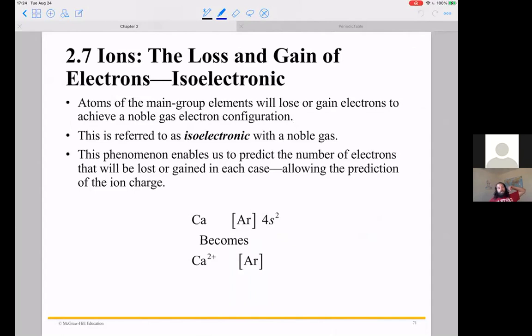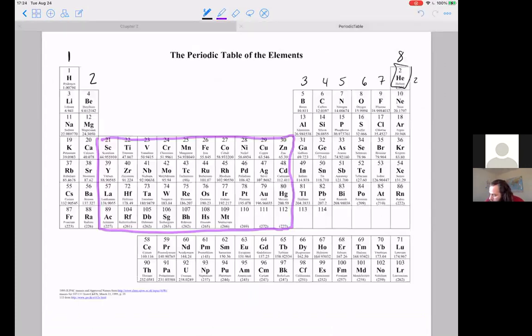And we can see just how many they're going to gain or lose based on how many valence electrons they have. So calcium, let's just pick this out on our periodic table. Here's calcium over here. Again, we're going to ignore these transition metals. Calcium currently has how many valence electrons? Hopefully you can tell by looking at the periodic table. 2.